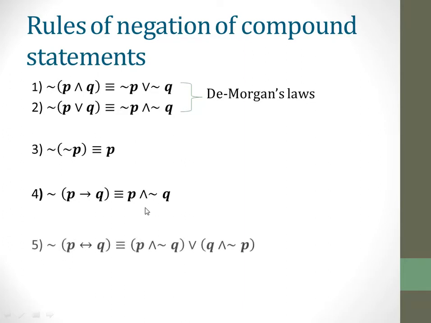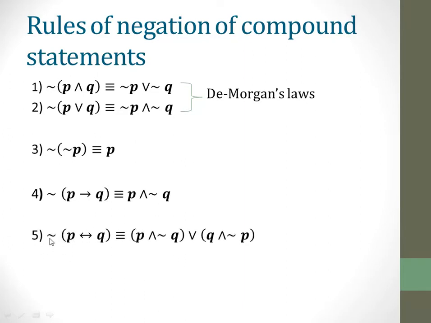And the last one is negation of P double implies Q is equivalent with P and negation Q, or Q and negation P. This is the negation of double implication. So we have already studied these rules in our last lecture. Now let us see some examples.